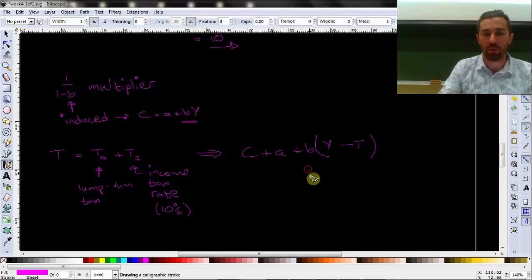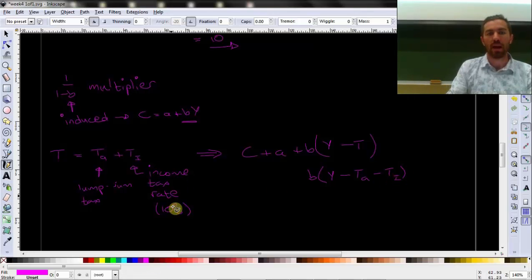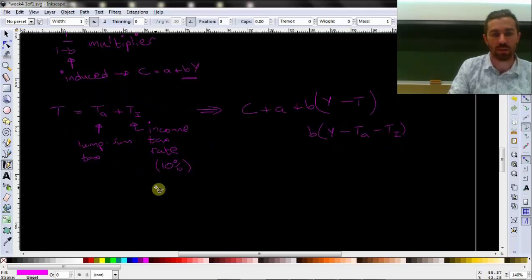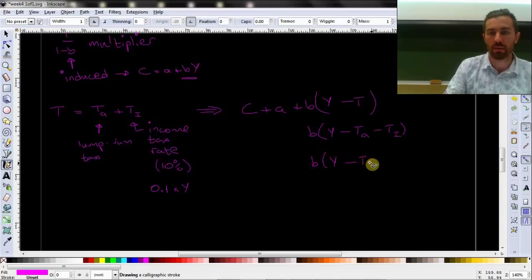We're going to have b times y minus ta and minus ti, but ti is induced and it's a 10% income tax rate. In other words, it's going to be 0.1 of our income. So this is going to be b times y minus ta minus 0.1y.